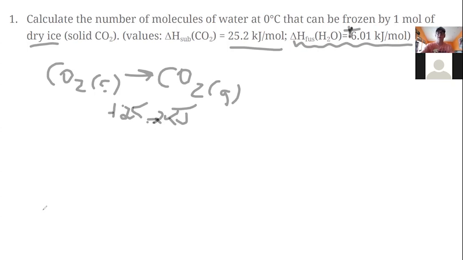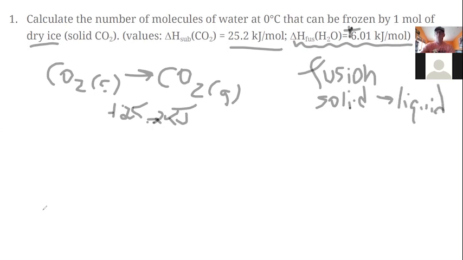So fusion, we know it's going from a solid to a liquid, right? That's what fusion means. Are we on board with that? Yes.